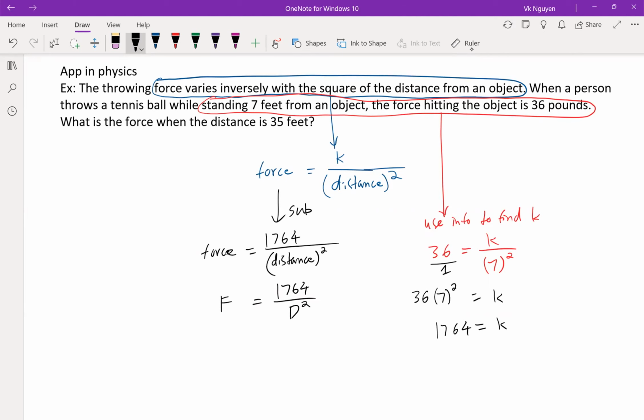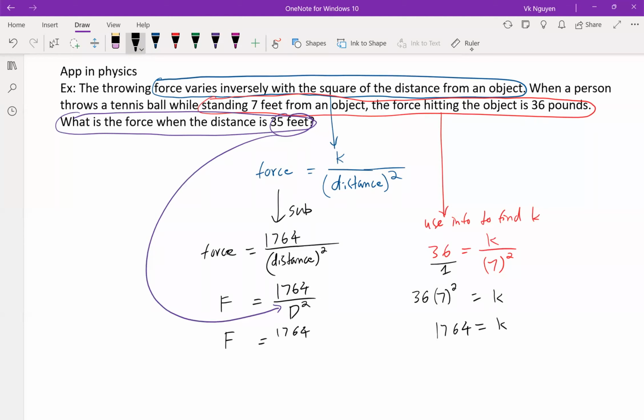And then from here we can figure out what is the force when the distance is 35 feet. The number 35 feet here, you can sub it into the distance. So that means the force is 1764 over 35 squared.